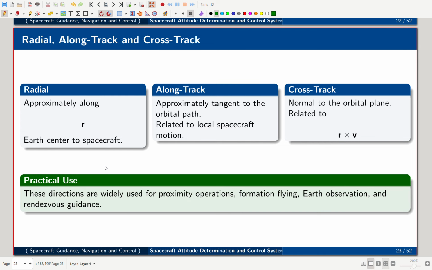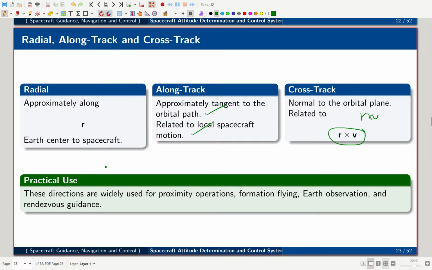So radial, along track and cross track, what is the terminology important here? Radial means approximately along R, from the center of the Earth to the spacecraft, and along track is approximately tangent to the orbital path and related to the local spacecraft motion.